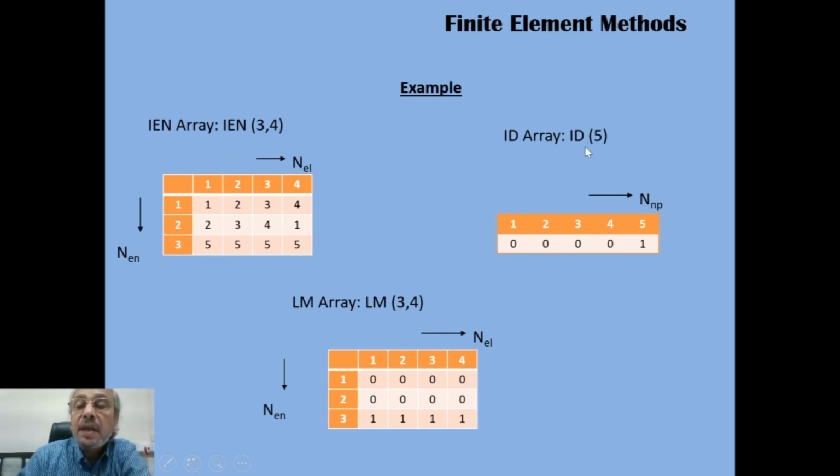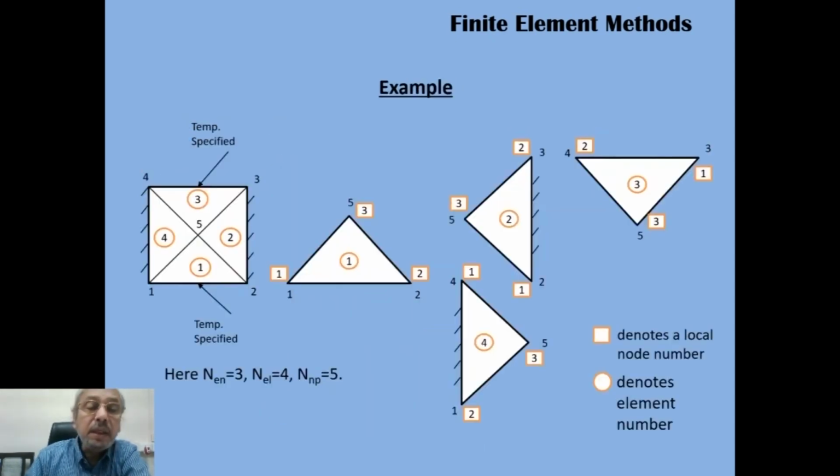The second array is ID. ID, as I said earlier, writes whether the nodes are connected with an equation or not. So 1, 2, 3, 4, 5. Here node 1 falls on the specified temperature boundary. 3, 4 are also falling on the specified temperature boundary. So no computation is needed.